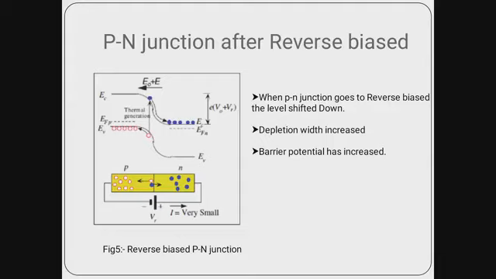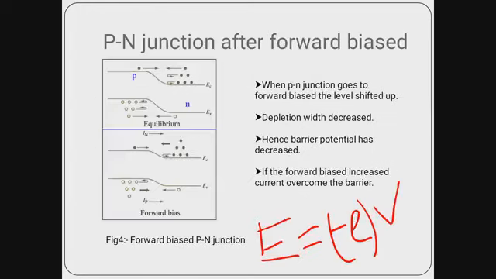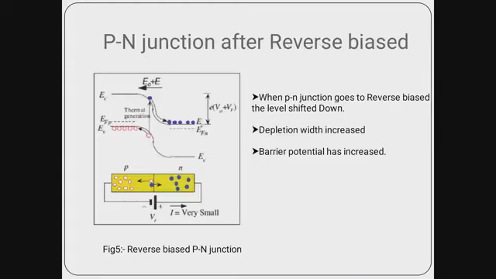The level will be shifted down. If we compare this diagram with this diagram, we can see that here the level is shifted up, the slope height is reduced. But in this case we can see the level is shifted down, moving down, and the slope height is increased.